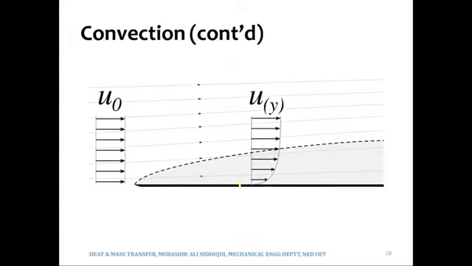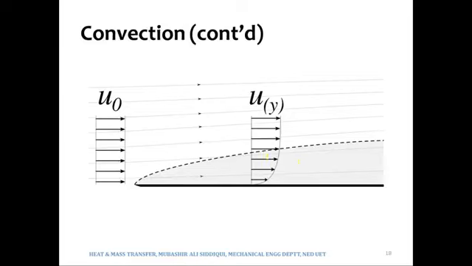So the heat would be transferred from the plate to the fluid, and vice versa. The heat will be transferred due to the diffusion of molecules, due to the movement of the molecules, due to the interaction of the molecules.